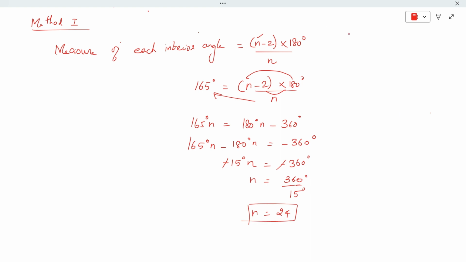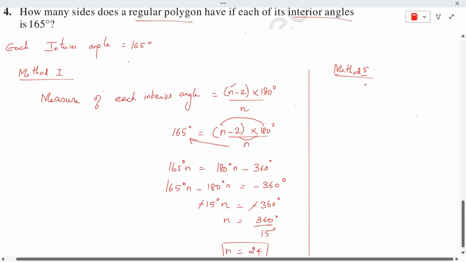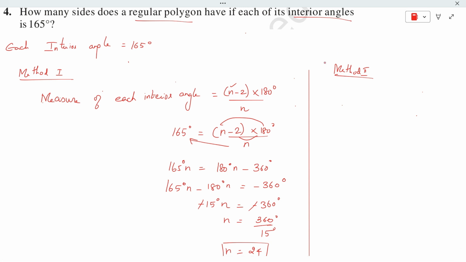This can be done in another way as I said earlier. So let's do method 2. For method 2, I am going to find the exterior angle of this regular polygon. If the interior angle is 165 degree, I know interior angle plus exterior angle at any vertex point of a regular polygon is equal to 180. That is, it makes a linear pair.